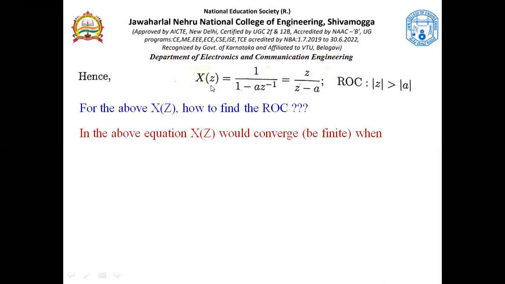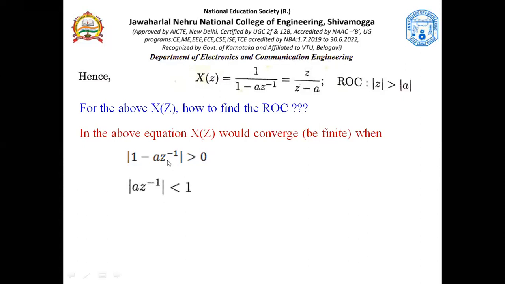What will help us find out ROC? If this magnitude is greater than 0, then this would not be an infinite entity. This would be a finite entity when the magnitude of the denominator is greater than 0. That is what is being told here. See, if the magnitude of 1 minus az inverse is greater than 0, then it would be a finite entity. That's why we've considered this. So the same thing can be expressed as this.